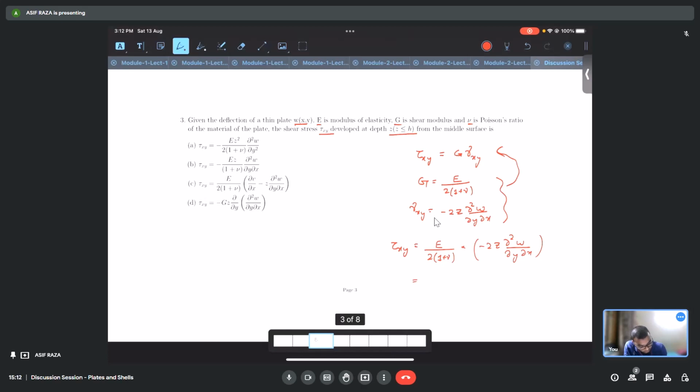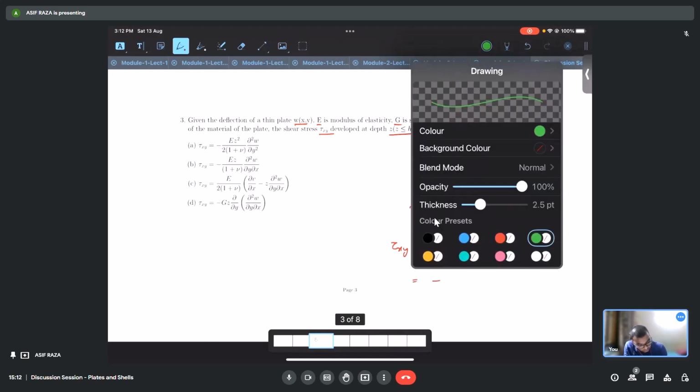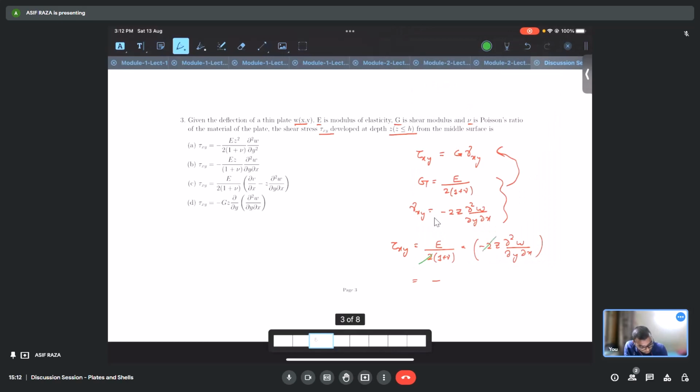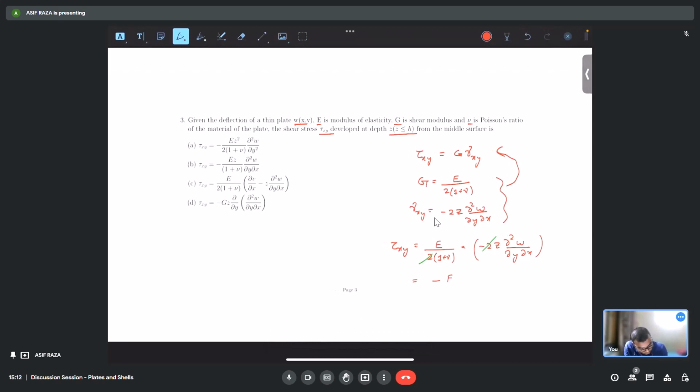The 2 cancels out, so finally it will give us E z upon 1 plus nu, del square w dou y dou x. So this is my answer. The correct option would be option B. Now let's move on to question number 4.